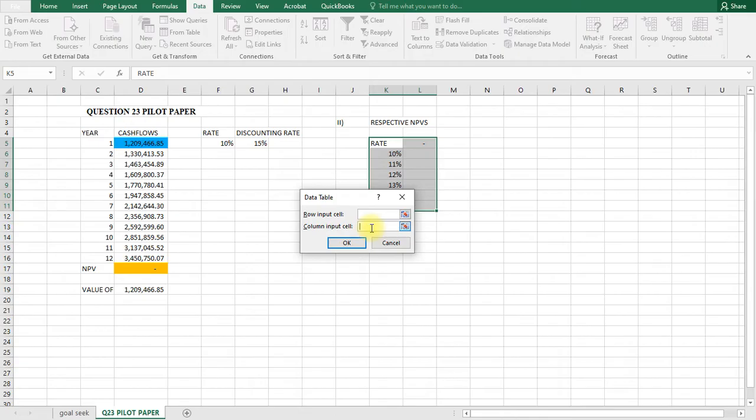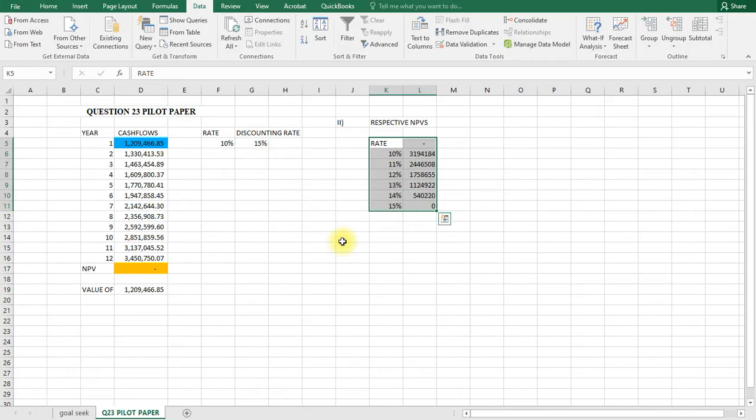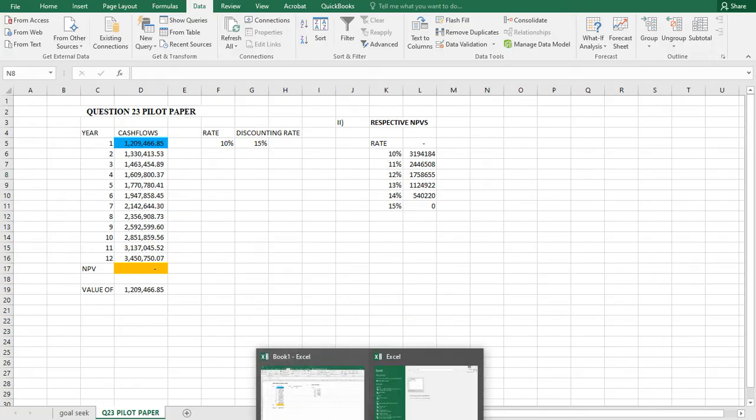The column input cell is the initial percentage that we had, which was 15%, and I will put OK, and automatically it will calculate those NPVs. You can see at 15% we had 0 as our NPV. So if it's at 10, these will be the NPVs that we shall be having. So that is the second part of question number 23 of the pilot paper.